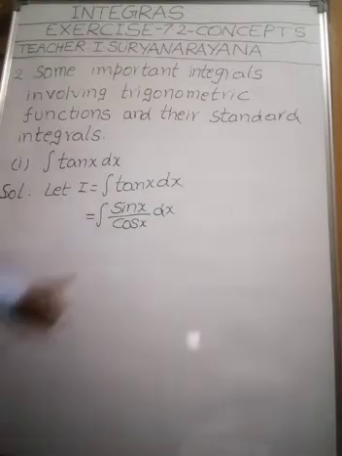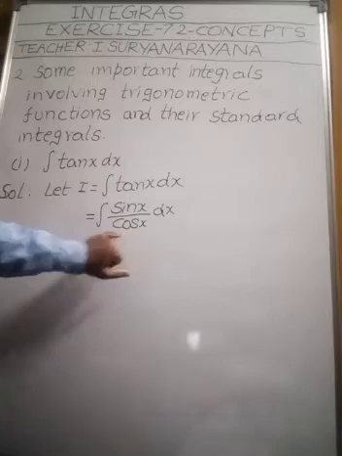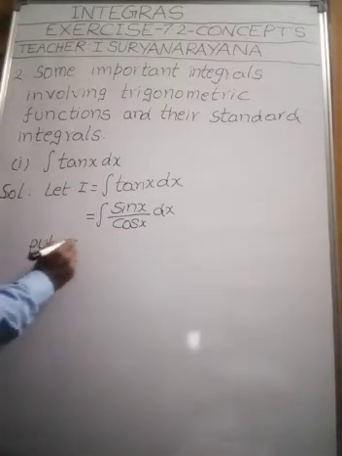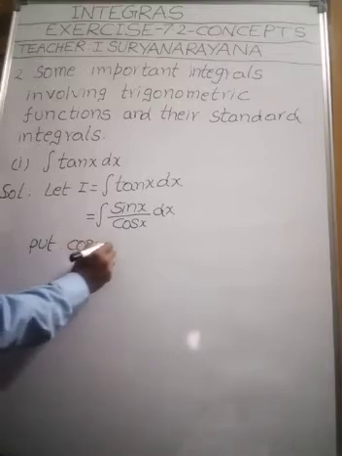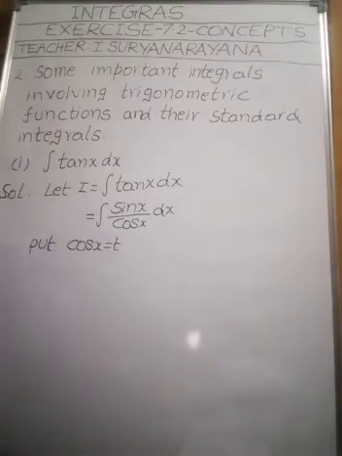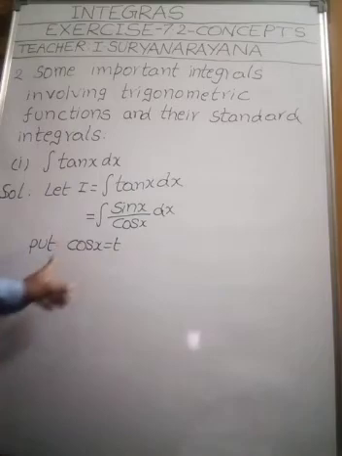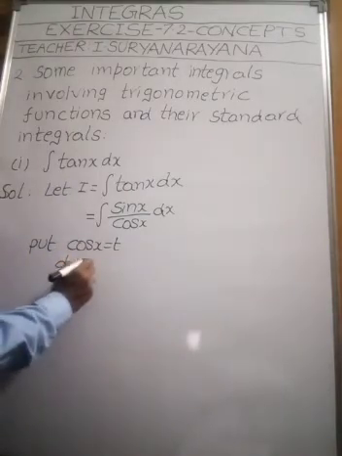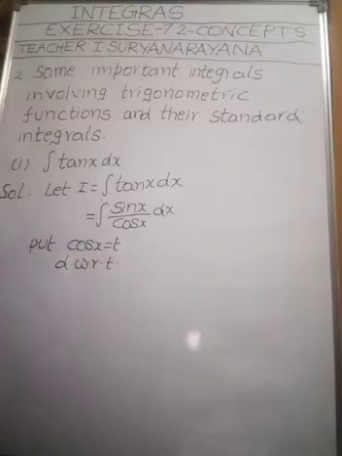So for that one, I am guessing cos x is equal to t. Put cos x is equal to t. Now differentiating on both sides with respect to t.